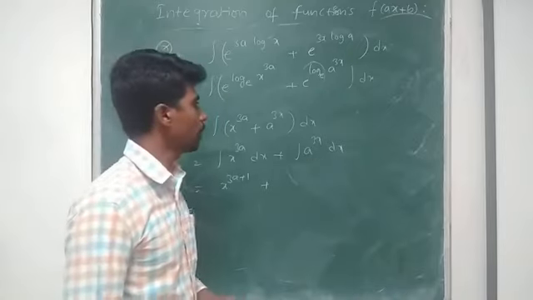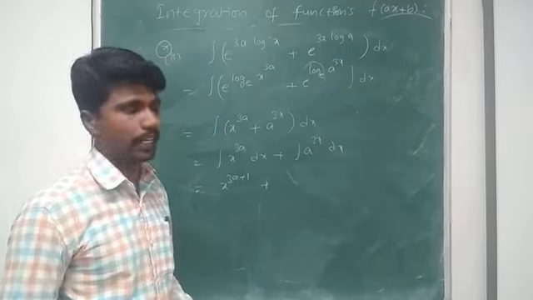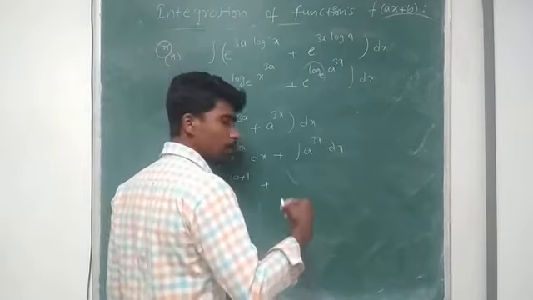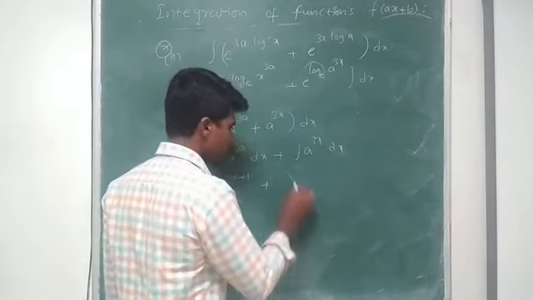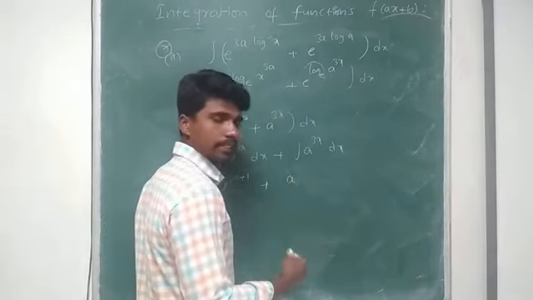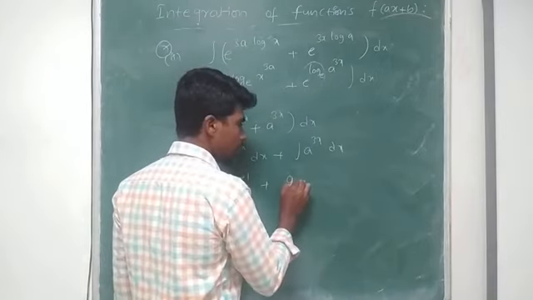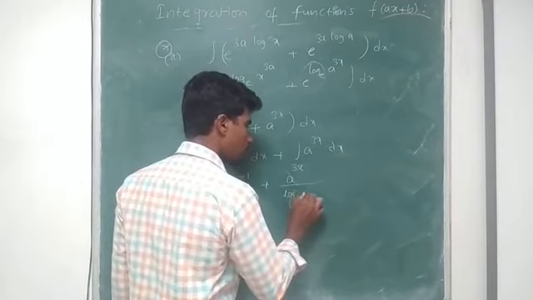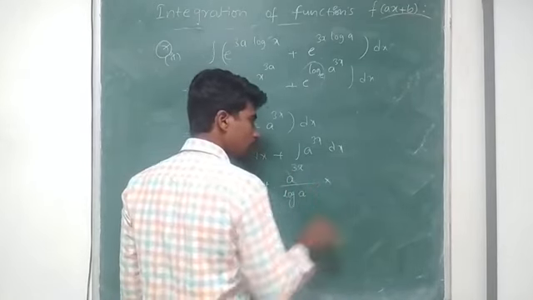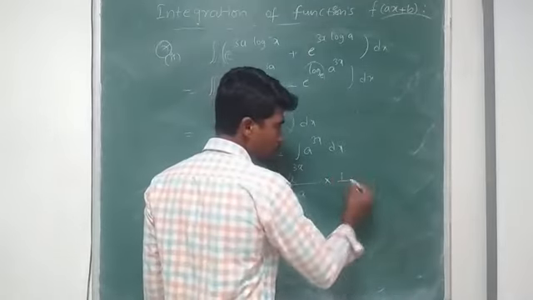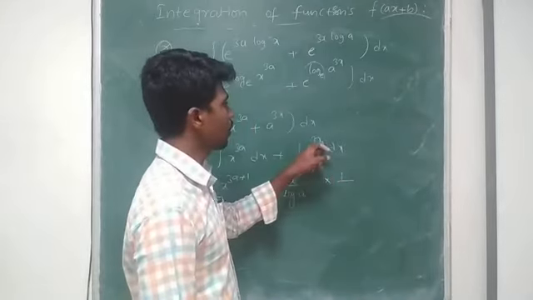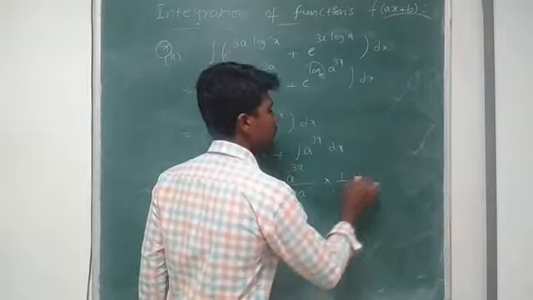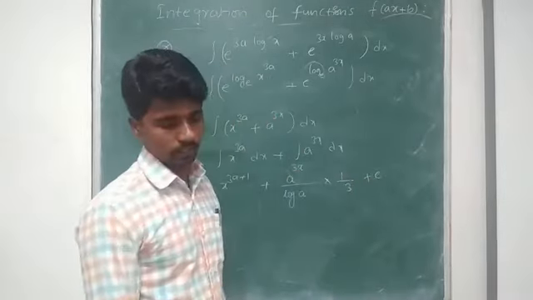It's not a power x form, it is a to the power of ax plus b form. So a to the power of x integration is a to the power of x by log a, means you get here a to the power of 3x by log a into 1 by coefficient of x, that is nothing but 3, plus some constant c. Okay.